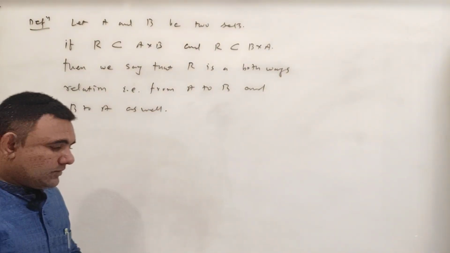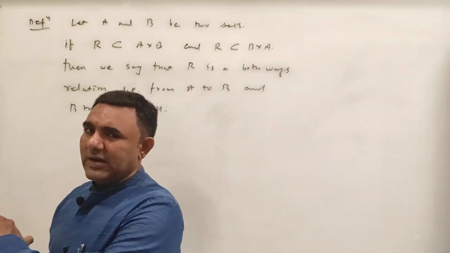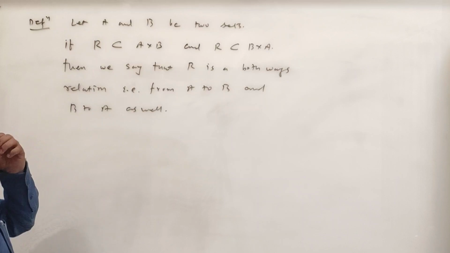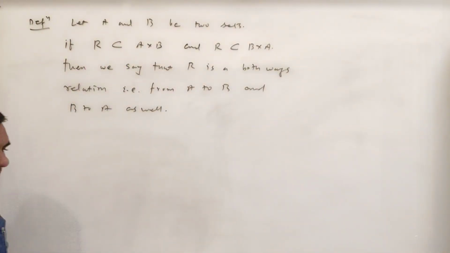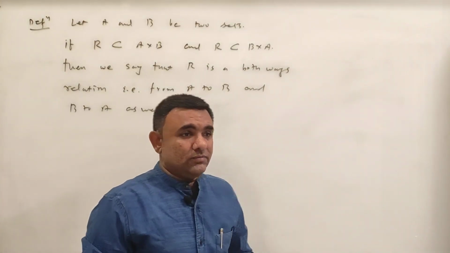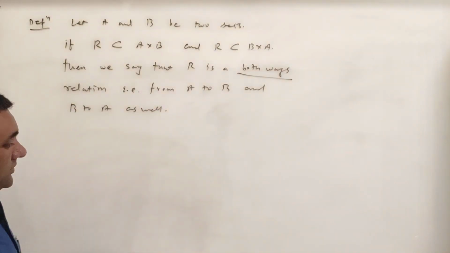So a relation is said to be both the way relation if it is from A to B as well as B to A also. अच्छा, तो ऐसे रिलेशन में क्या होता है? So let us count how many relations we get which are both the way relations, both ways relation.